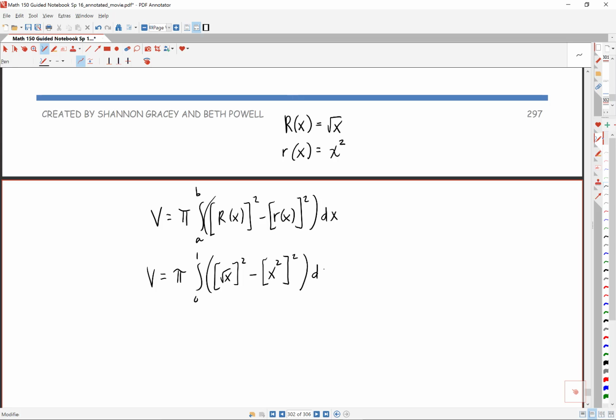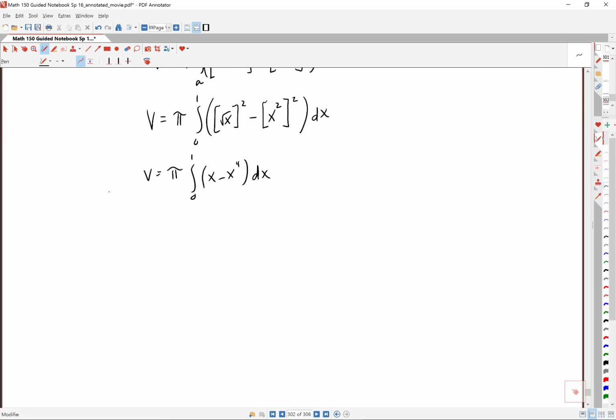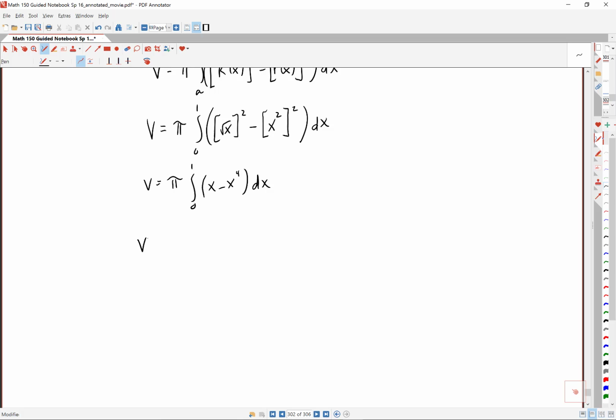So then our volume will be pi times the integral from 0 to 1 of x minus x to the 4th with respect to x, which will give us the volume is pi times 1/2 x squared minus 1/5 x to the 5th, evaluated from x is 0 to x is 1.